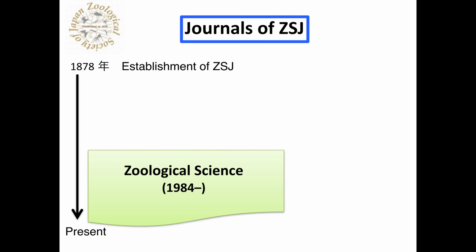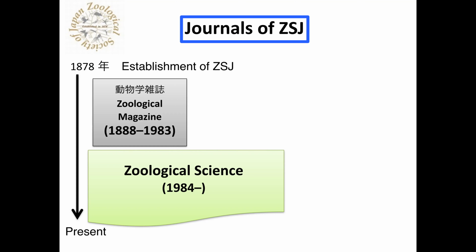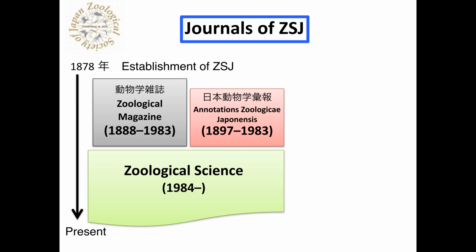From 1878, when scholarly activities started, one journal that was published from 1888 to 1983, so almost 100 years, was the Zoological Magazine. And an additional journal, Annotationes Zoologicae Japonenses, was published from 1897 to 1983.